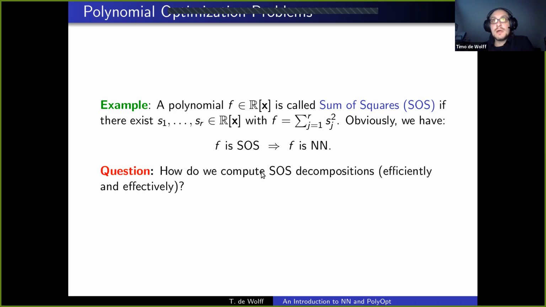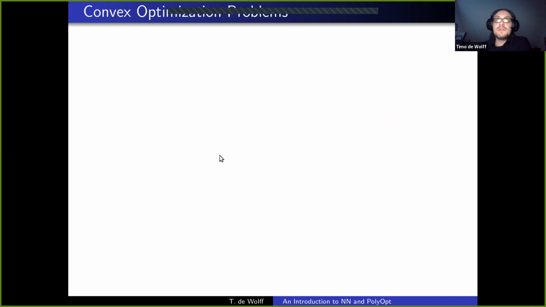Now the question is, how do I compute this, right? It should be easier to test than non-negativity itself. And for that, let's look at convex optimization problems. You remember, I told you a few slides ago that convex optimization problems are the problems that we like because there are effective methods for solving them.